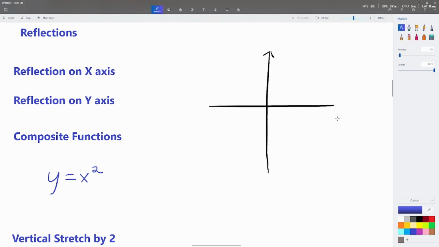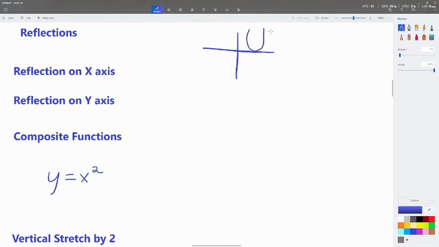So let's understand how to calculate them as well. They're actually very easy. As I talked before, reflection on the x-axis is this one, and a lot of you know that if you have your function of x squared, then negative x squared is your answer for over here.